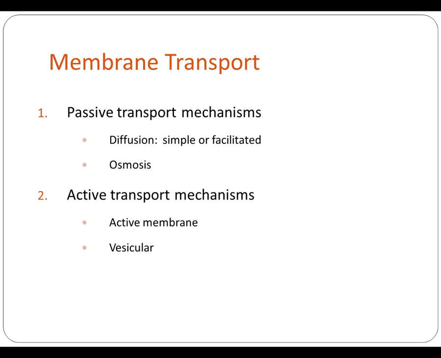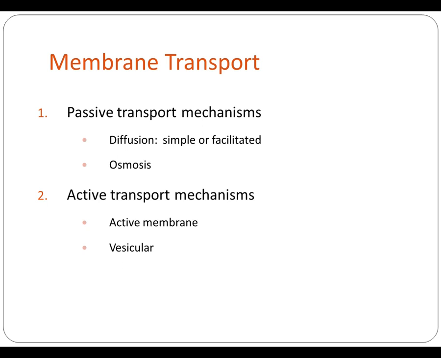So for passively transporting a molecule in a cell, we're transporting it across a membrane. If we're trying to transport a molecule across a membrane without using energy, which way do you think the molecule might be moving with respect to its gradient?